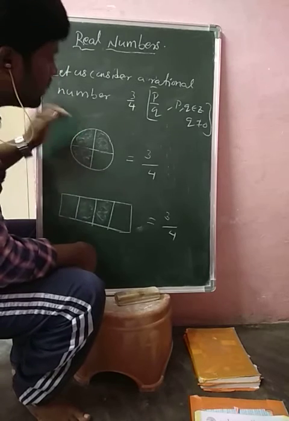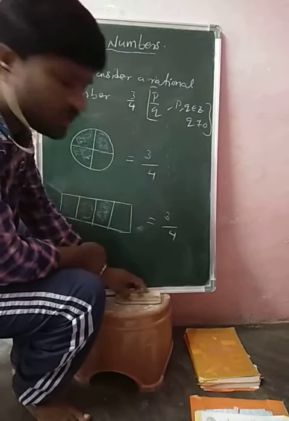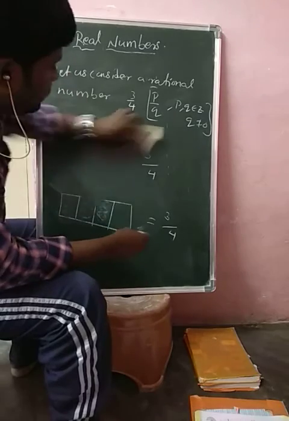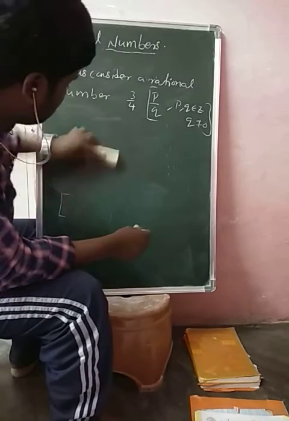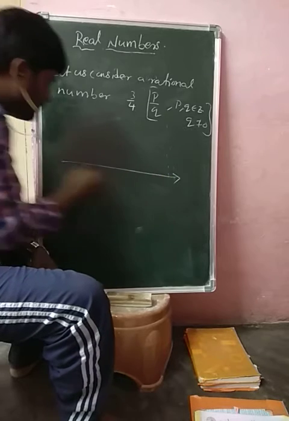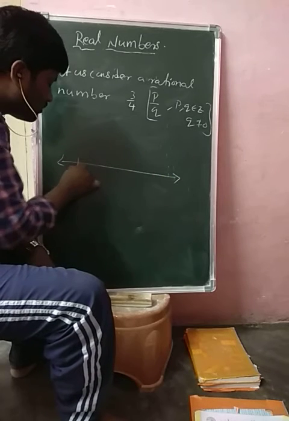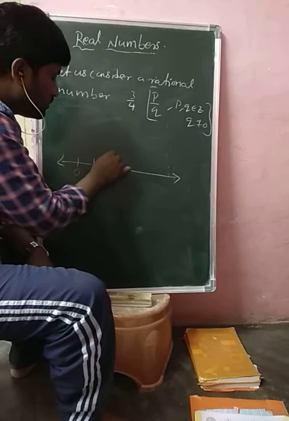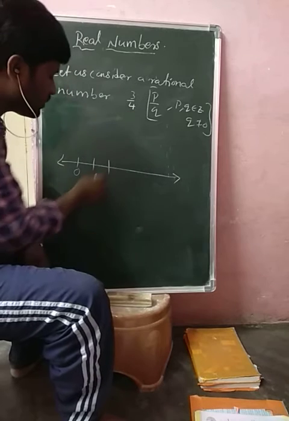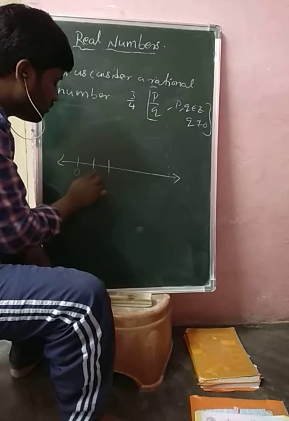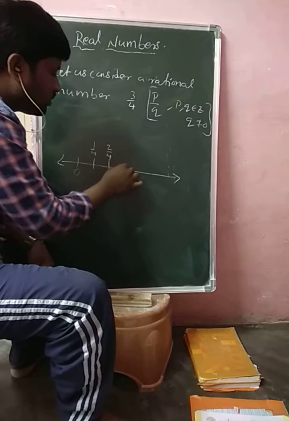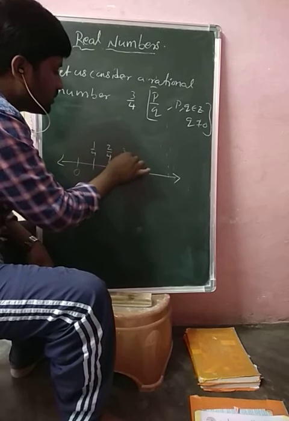Then see how to represent on the number line also. Now see, draw a number line. So 0, 1. The denominator tells us the number of equal parts, so we can take like this 1 by 4, 2 by 4, 3 by 4.